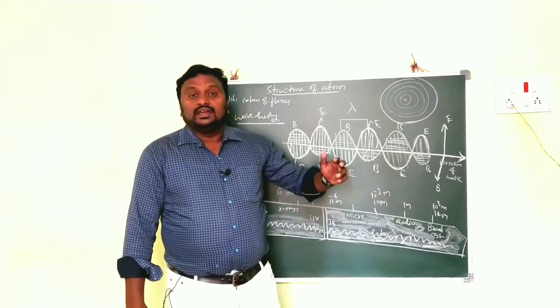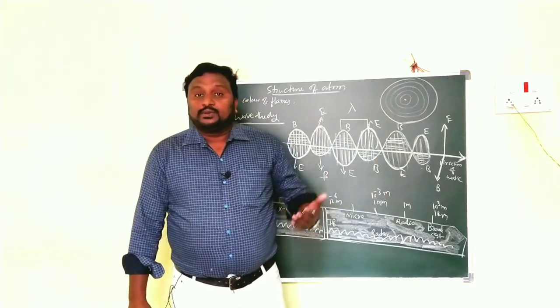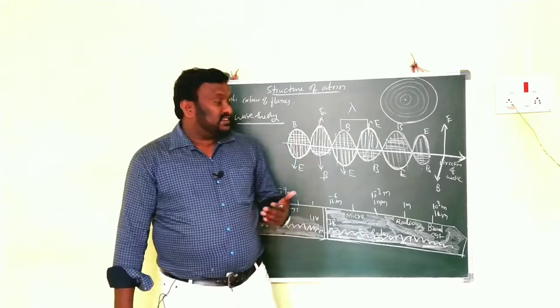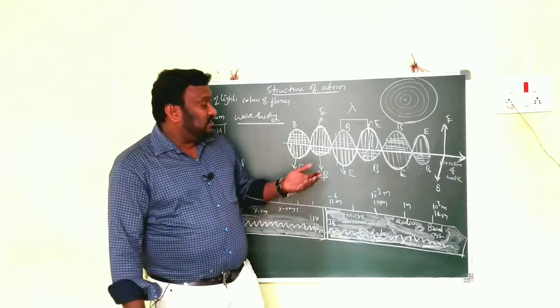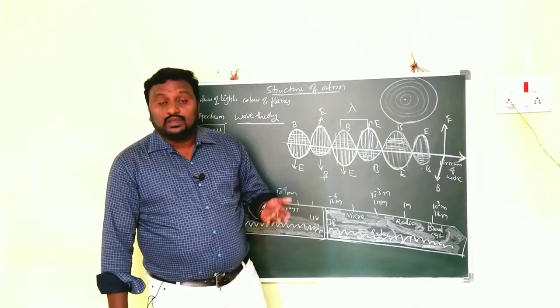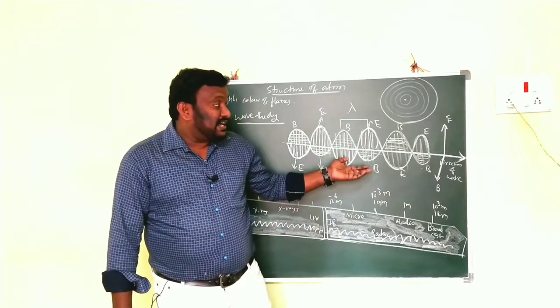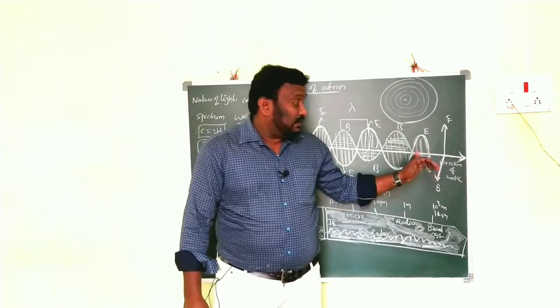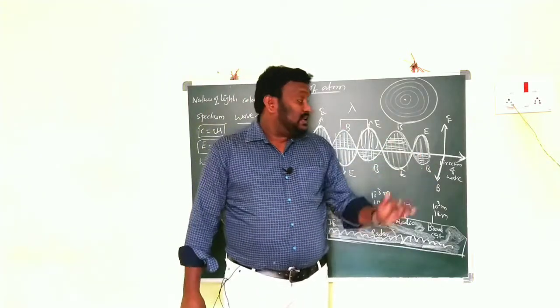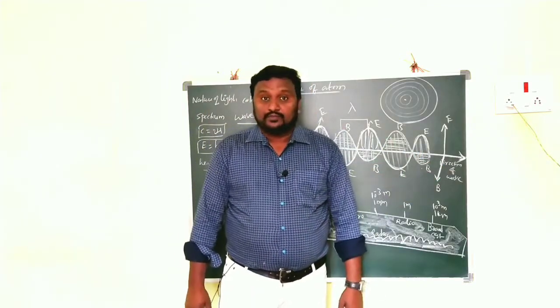Electromagnetic wave is nothing but the superposition of electric and magnetic field vectors. They are superimposed together, and then we get the electromagnetic wave. In that electromagnetic wave, we observe that electric and magnetic fields are both perpendicular to the direction of propagation of the wave.